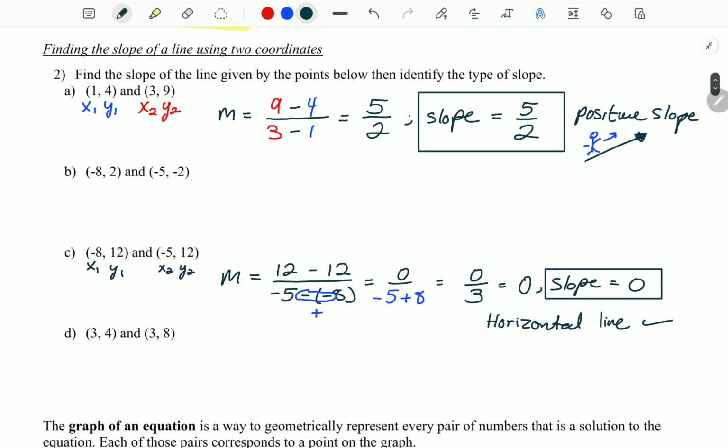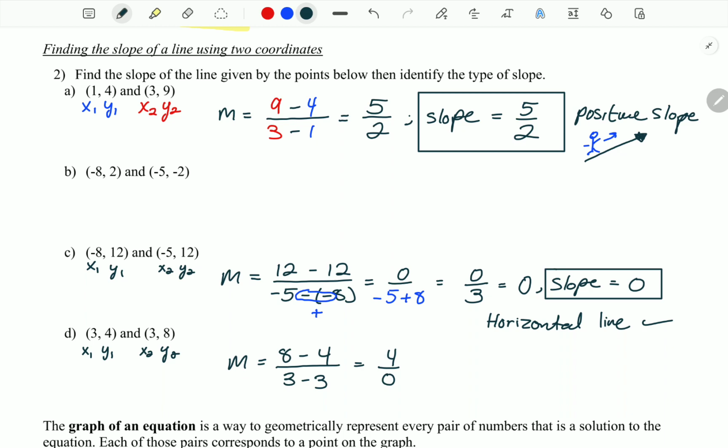For the last one, let's find the slope. x1, y1, x2, y2. So our slope, that's going to be 8 minus 4 divided by x2 minus x1. That is 3 minus 3. 8 minus 4 is 4. 3 minus 3 is 0.